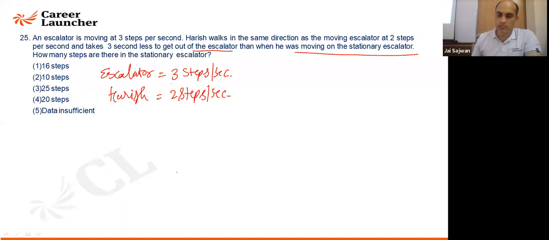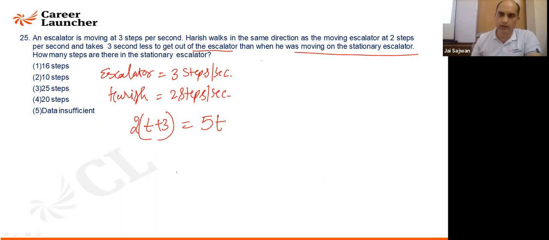On a stationary escalator, only Harish is running, and he takes 3 seconds more. Then when he is moving in the same direction as the escalator, 2 plus 3 is 5. I hope you understand.